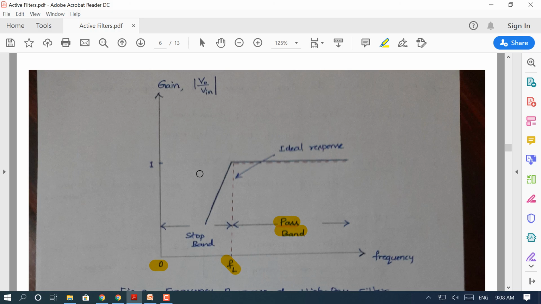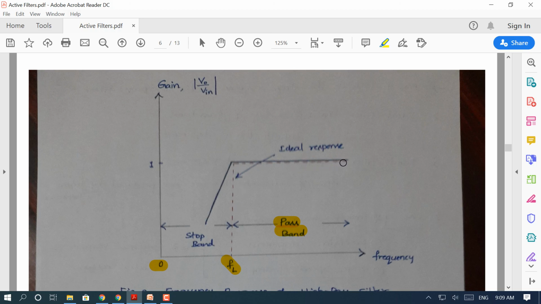We can also observe that gain keeps increasing as we move towards FL. So the gain of a practical filter keeps increasing. Beyond FL, the gain is almost constant. In our analysis, we have seen that the solid line represents the practical response and the dotted line represents the ideal response here.